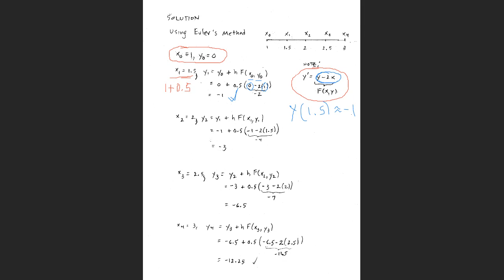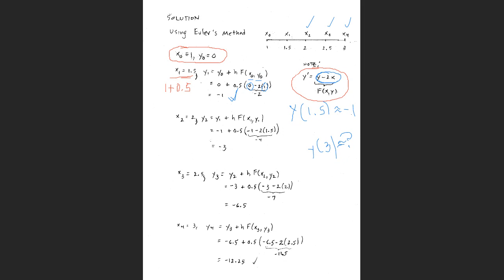But we're not interested in estimating the solution at x equals 1.5. We want to estimate the solution when x equals 3. We know it's an estimate, right? So I have to keep iterating. I have to now do the second iteration, third iteration, fourth iteration.